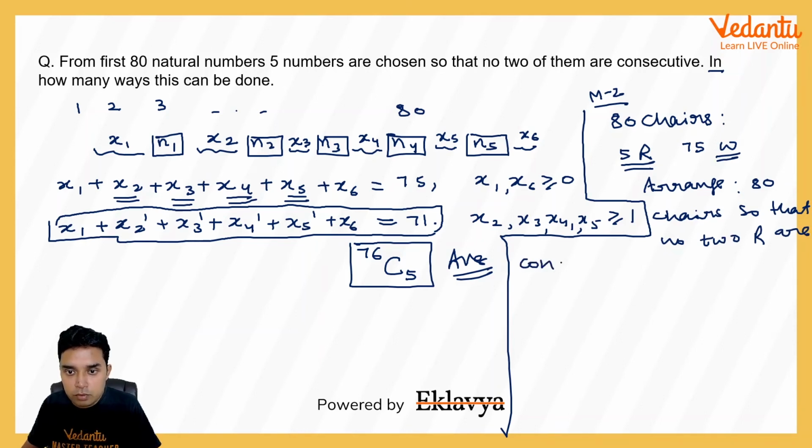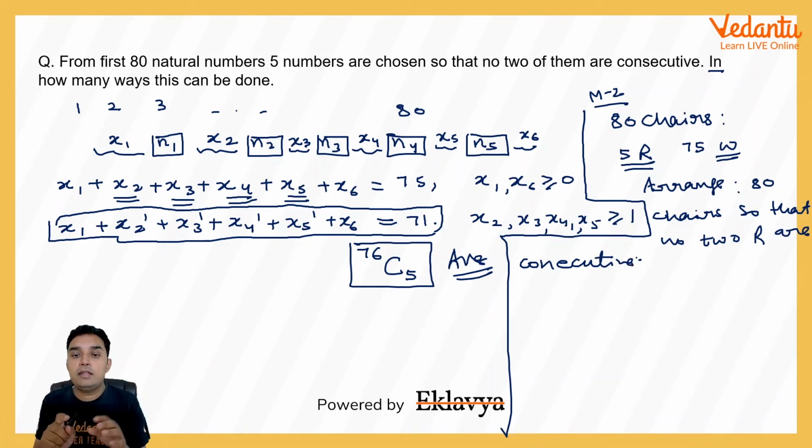If that is so, then what we will do, we will write the numbers 1, 2, 3, 4, 5 up to 80 from one end to the other, and whatever numbers are written on these red chairs, we will take those numbers away. And because no two red chairs are consecutive, those numbers which are taken will not be consecutive. I hope you are getting my point.